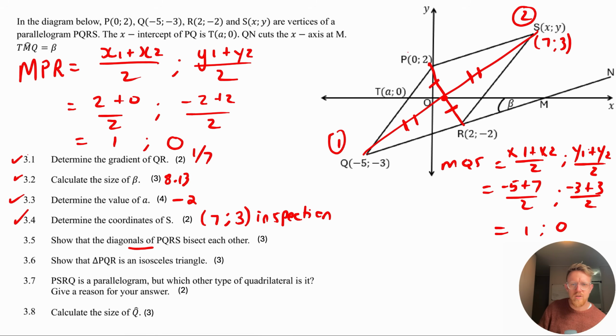So the diagonals are bisecting. Bisect means to cut in half. So they are cutting in half each other. They are bisecting each other. So we can then say, therefore, diagonals bisect.